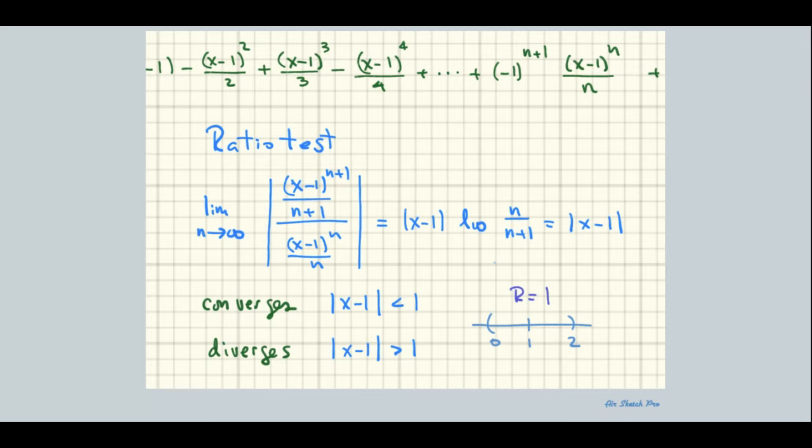When you do these, you'll almost always find the radius will either be infinite or 1. The ratio test always compares the absolute value of some expression to 1. Less than 1 is converging, greater than 1 is diverging.